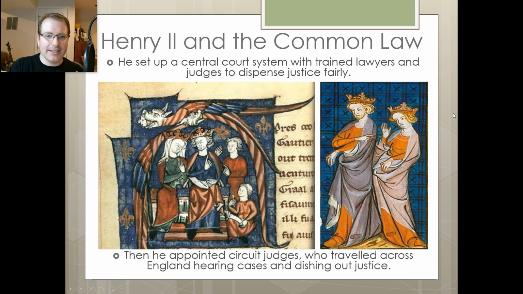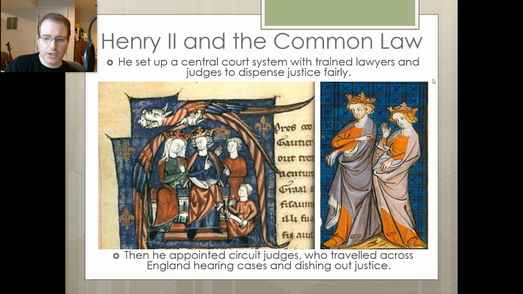All right, so one of the things that he does is he realizes, if I'm the boss, I need to have my laws going everywhere, not just these feudal lords having their will everywhere. So what he does is he sets up a central court system, and he basically trains lawyers and judges for his law.